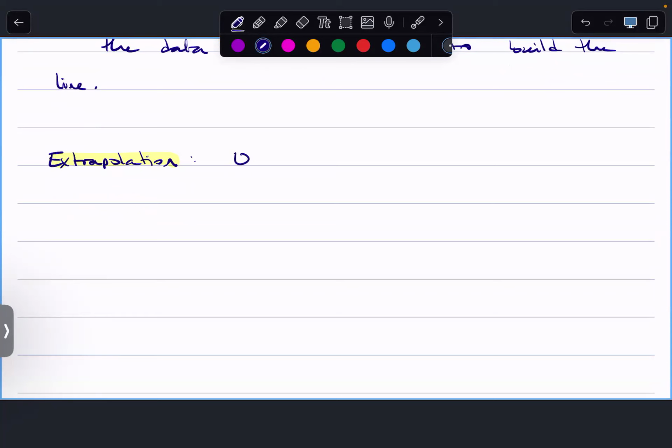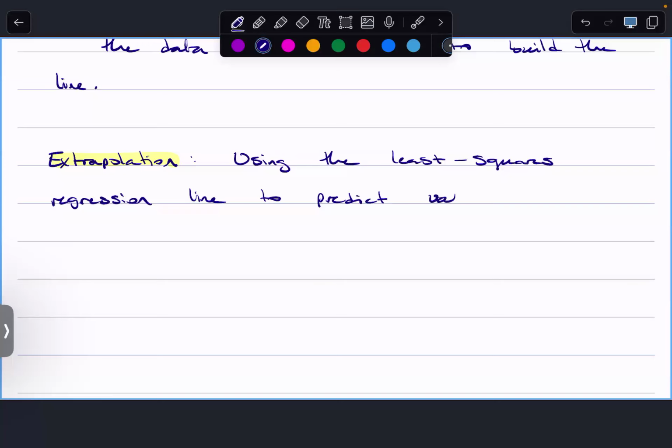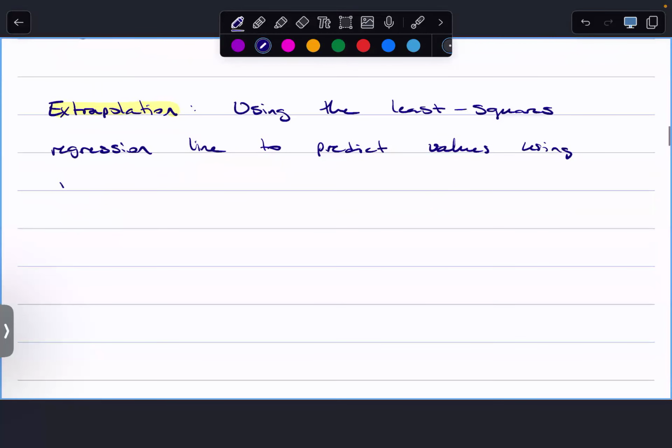But extrapolation is using the least squares regression line to predict values using values of X outside the range of our data.